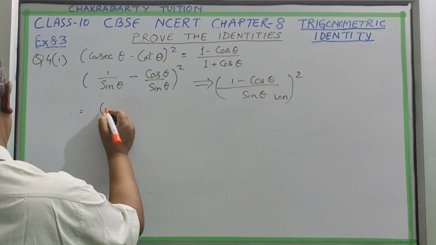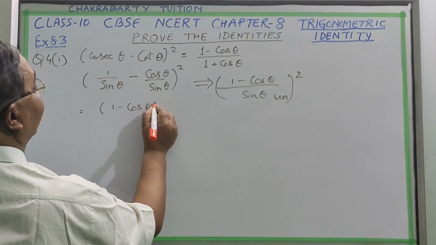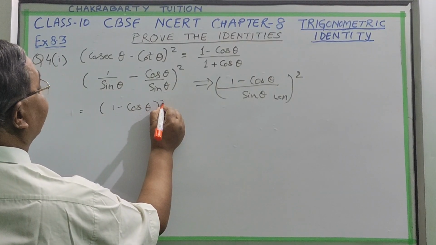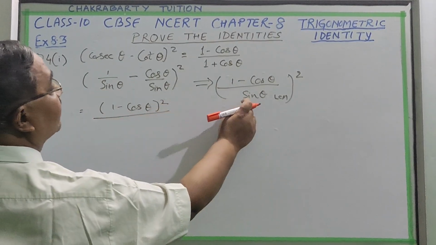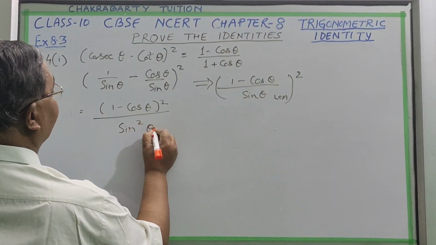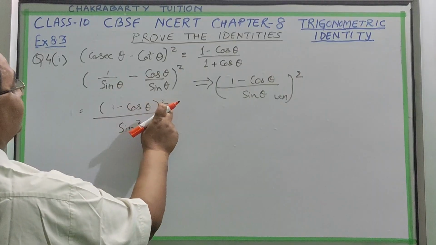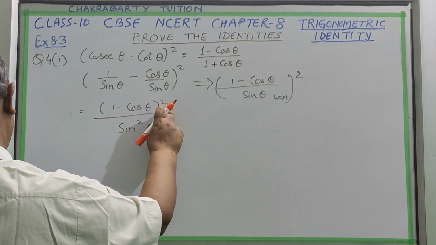On the upper side you have got (1 minus cos theta) whole square, and on the downside also sine square theta.